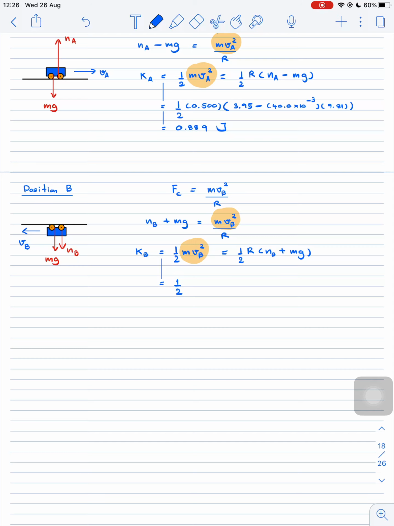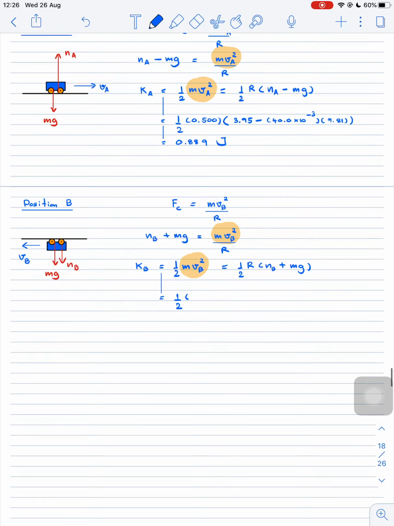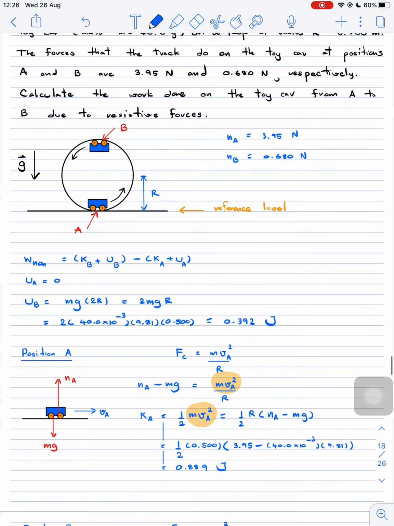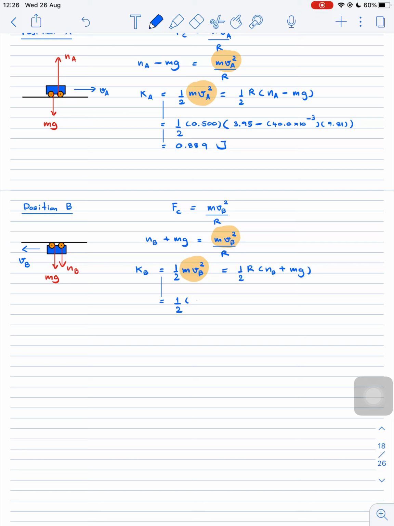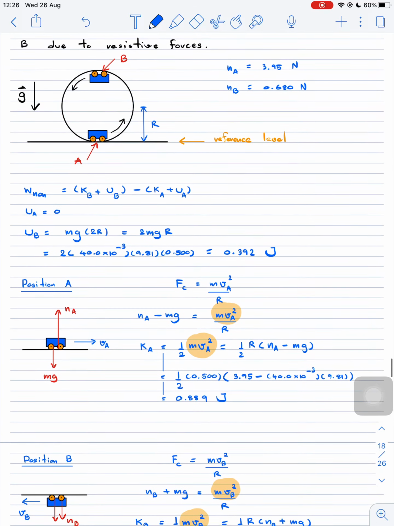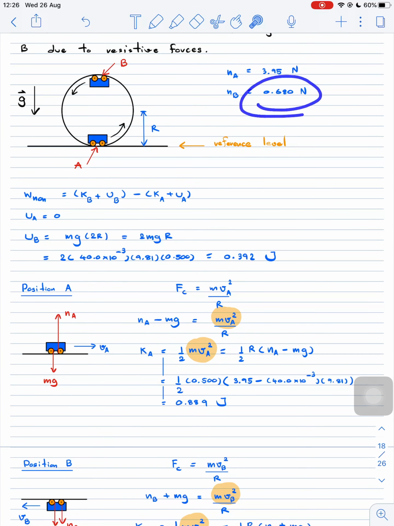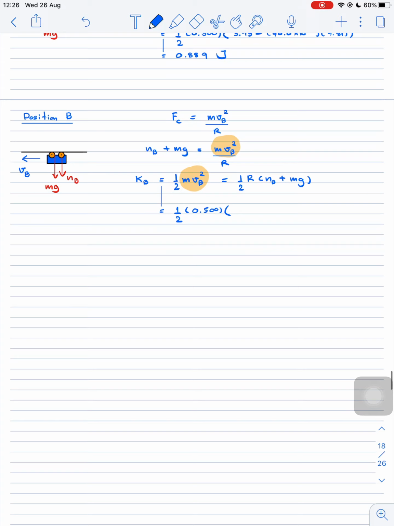Now for R, R is again 0.500, times the normal force at the point B, which is 0.680 newtons, plus m, which is 40.0 times 10 to the negative 3, times 9.81.